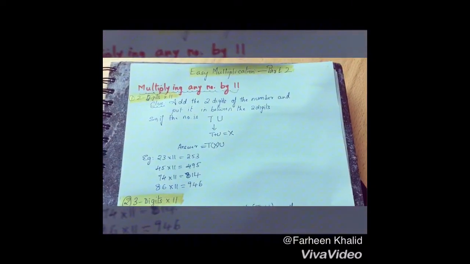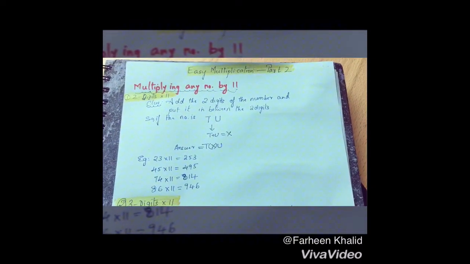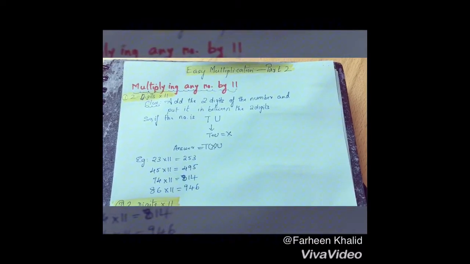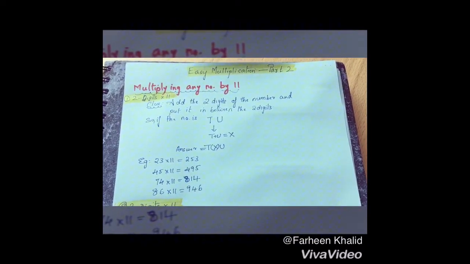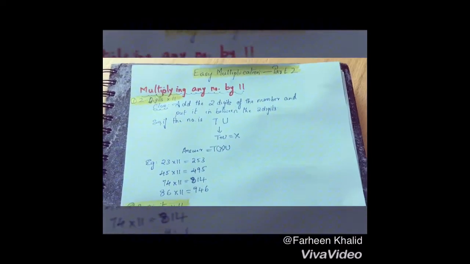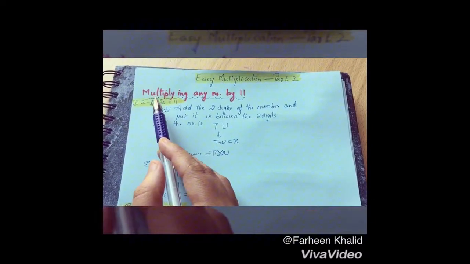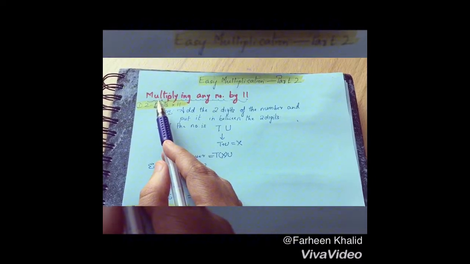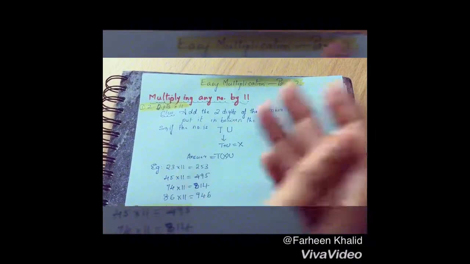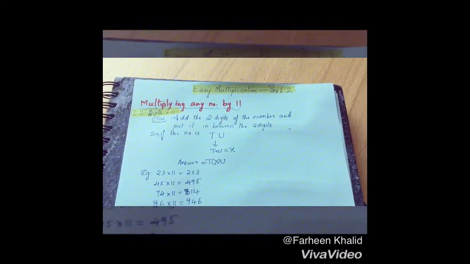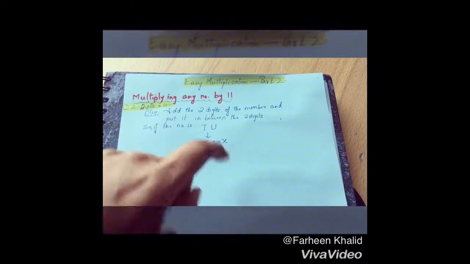Okay, so now let's start with easy multiplication part 2. We are going to cover around 3 to 4 things here, which are not covered in our previous multiplication video. One of the tricks that I'm going to show you is multiplication of any number by 11.